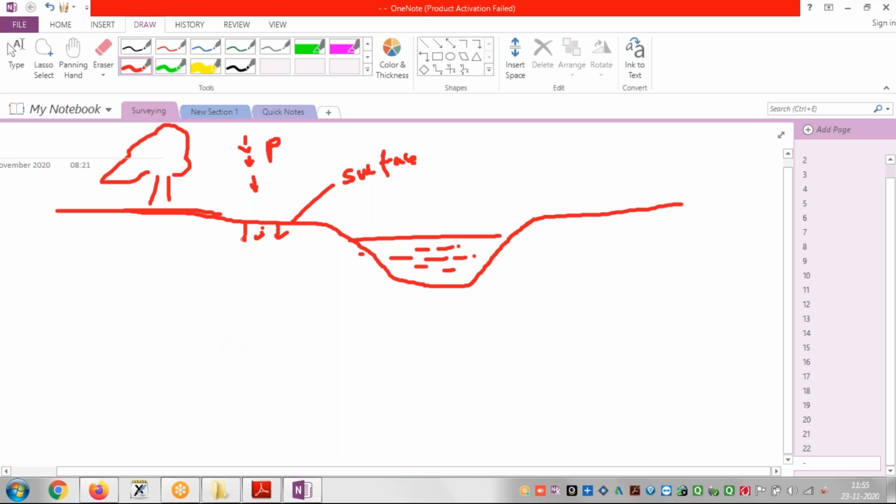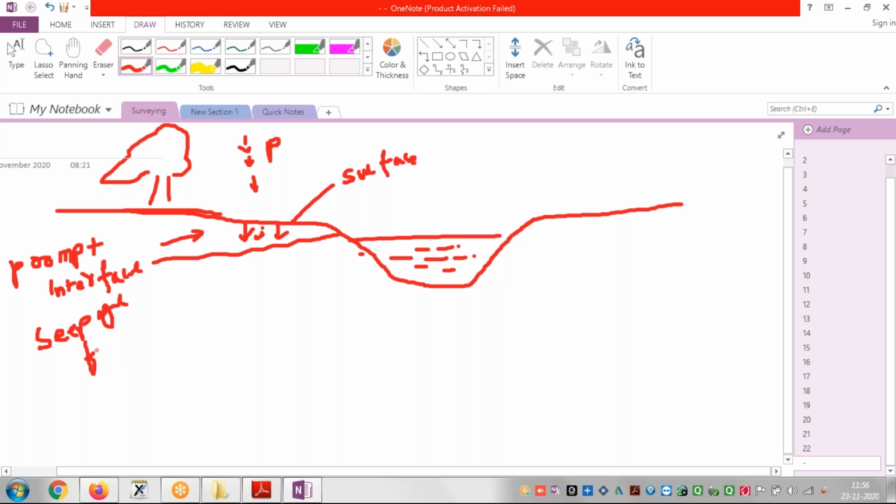So when water comes and stays just near the surface, then we say that this is called seepage flow or prompt interflow. It is also called seepage flow.